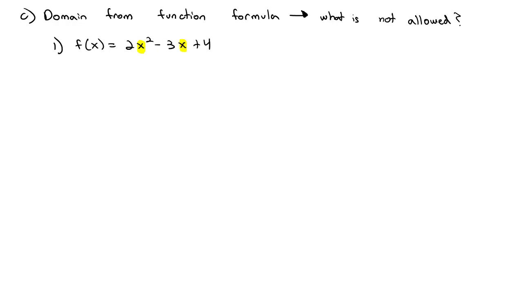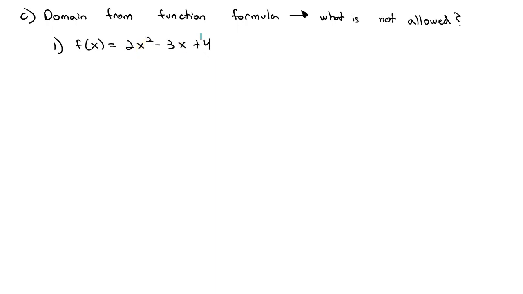Well, what I see is happening here is one of the x's is squared, but I can square any number. We're multiplying by 2 and -3. We can multiply by any number we want. And then there's some adding and subtracting that happens with the 4 and the other terms. We can add and subtract any number that we want.